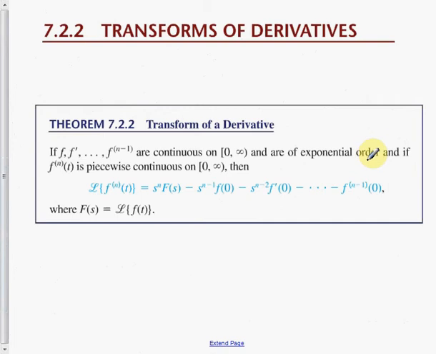And if the nth derivative of f at t is piecewise continuous on the same closed interval from 0 to positive infinity, then the Laplace transform exists. The idea of piecewise continuous is that it might not be continuous everywhere.